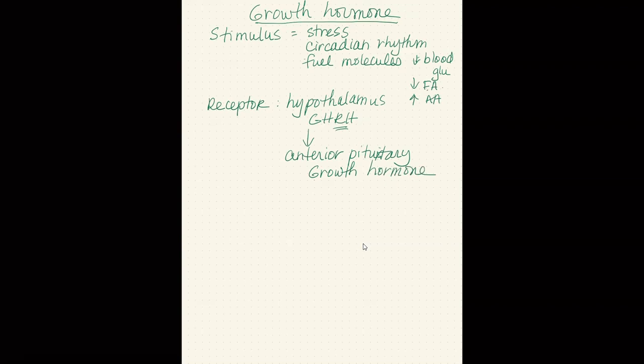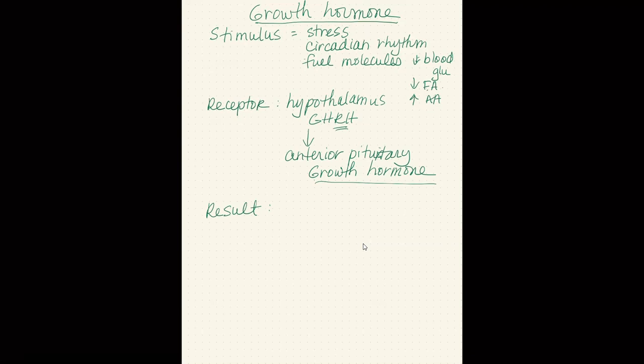Your pituitary is going to regulate your growth. That's going to circulate in the blood, and then it's going to go to the receptor, the control center, the effectors, the growth hormone. So the result is going to be that you're going to grow.